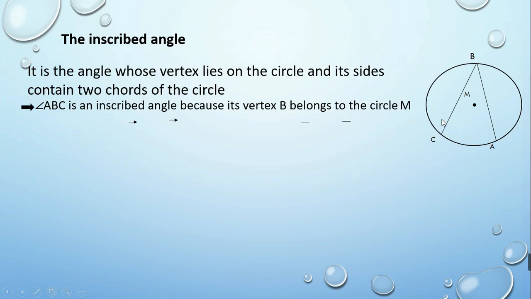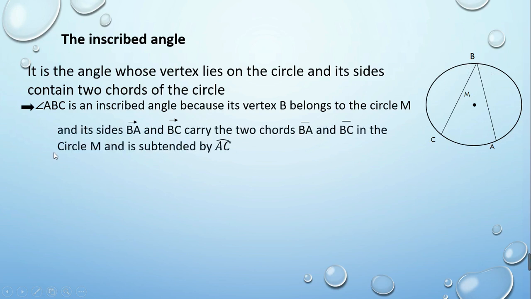So the difference between the central angle and the inscribed angle: the central angle's vertex is the center of the circle and its two sides are two radii. But the inscribed angle's vertex is a point on the circle and its two sides are two chords of the circle.